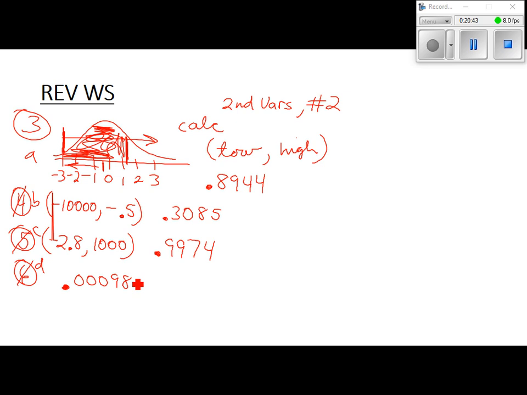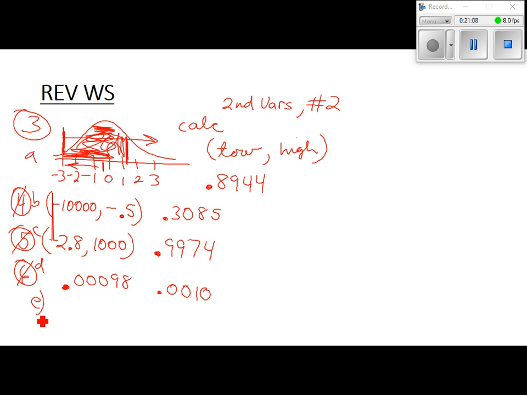Now, the book may put something like .001 there. That's still pretty close, and as long as I catch on to it, I'd probably count it correctly.